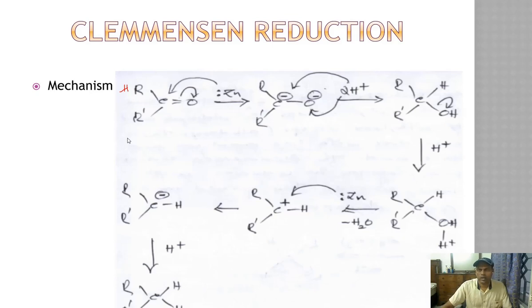In exam, they can ask to show the mechanism of Clemmensen reduction in case of aldehydes, and then you'll have to replace this R by H. If they ask for ketone only, then you can retain that R over here. So this is your ketone.